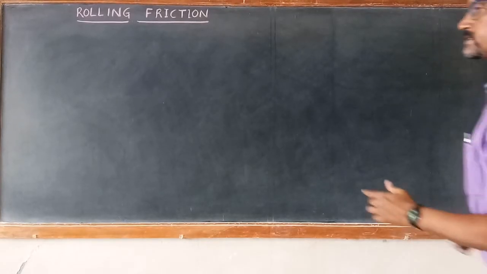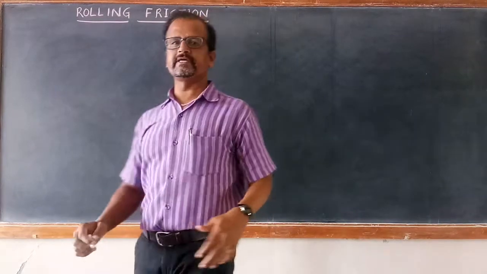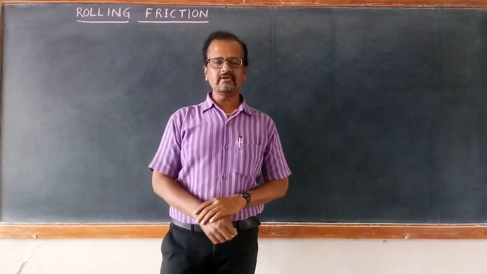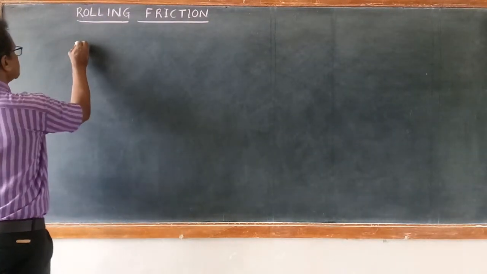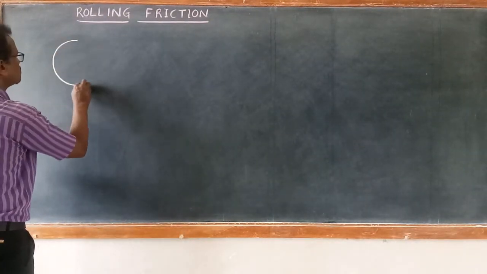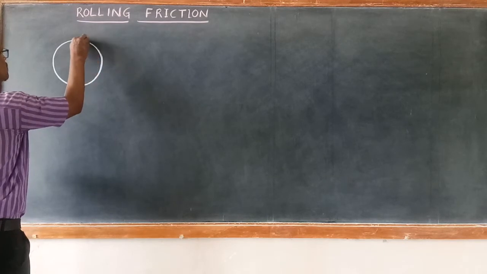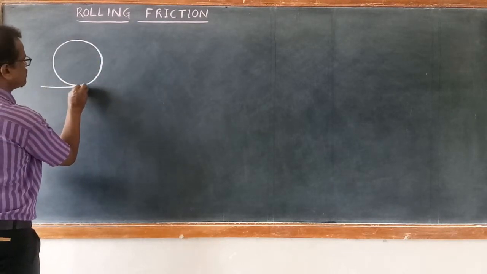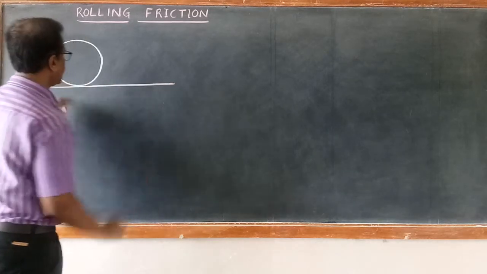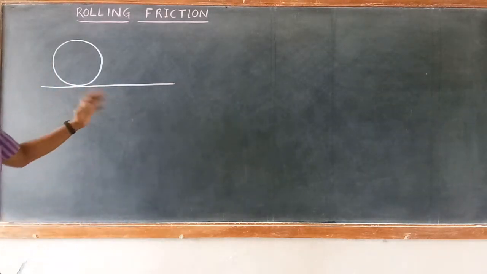Okay, let us discuss another interesting friction, that is called rolling friction. Consider a ring or a sphere on a horizontal surface, on a plane surface.